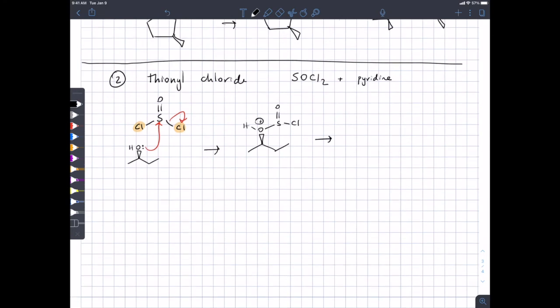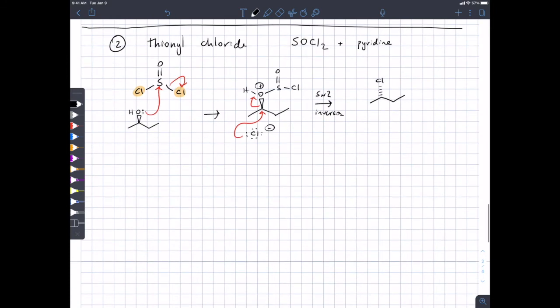Nevertheless, what happens in the reaction is just that Cl-, which left from the sulfur, comes in Sn2 style with backside attack and inversion of configuration to give us the alkyl chloride. Now, this is what I want you to know for the mechanism.